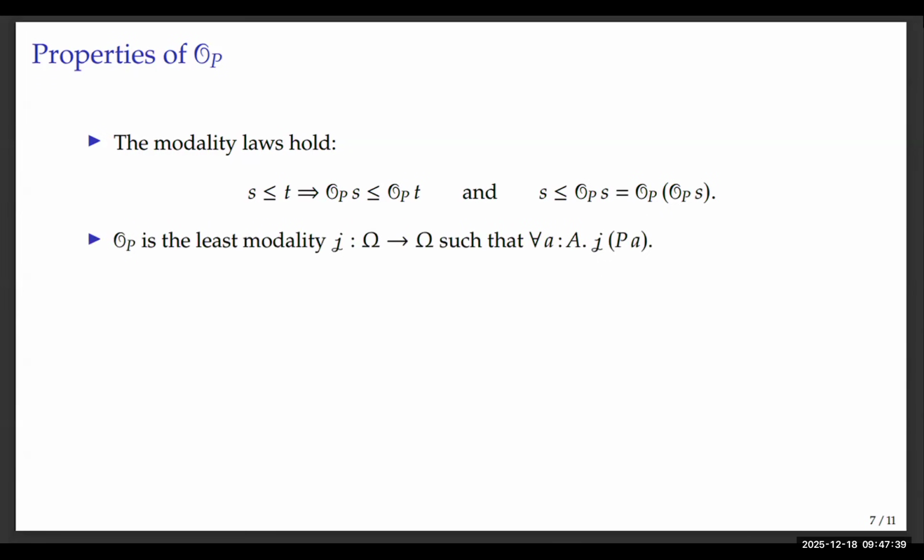And the formula on the previous slide is known as the formula that gives you the least modality forcing a predicate to be true. So because that's a known formula, OP will in fact be the least modality that forces for all A, J of P of A. And so here we see that we really are making every instance true. We're not making the universal statement for all A, P of A true. This modality will force every instance separately.